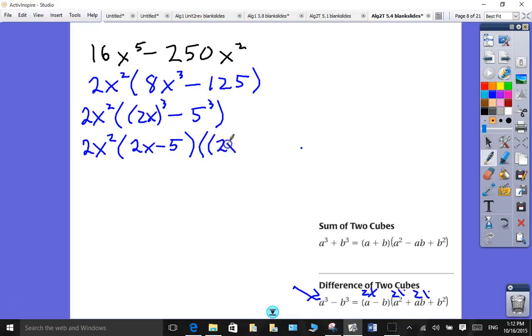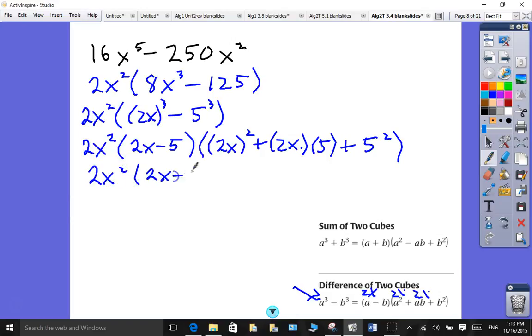And then it's 2x squared plus 2x times 5 plus 5 squared. That's just substituting for A and B directly. Then I can simplify that. That is 2x squared times 2x minus 5 times 4x squared plus 10x plus 25.